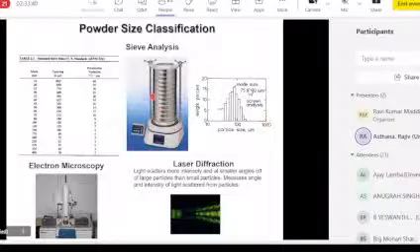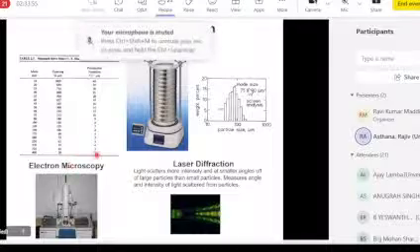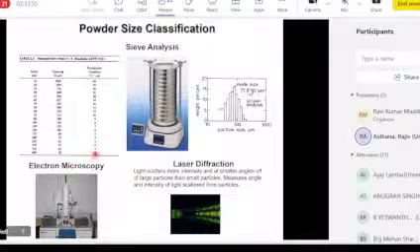So very simple process, but the problem is that if you go below a certain size, then the surface forces between powders are so large that powders cluster together even with vibration. So sieve analysis can go down only to a certain size range in micrometers. You have other methods like electron microscopy or laser diffraction that allow you to get finer sizes of particles.